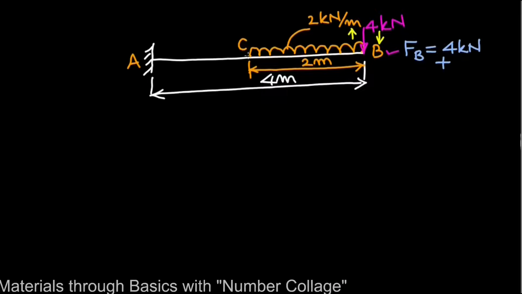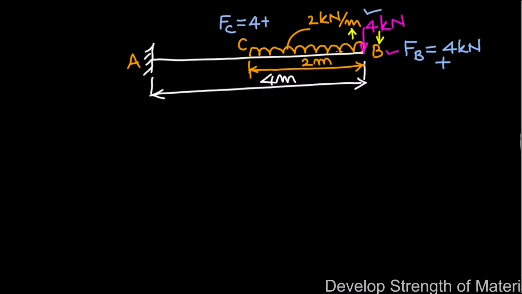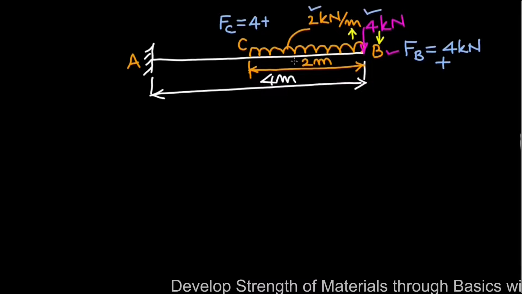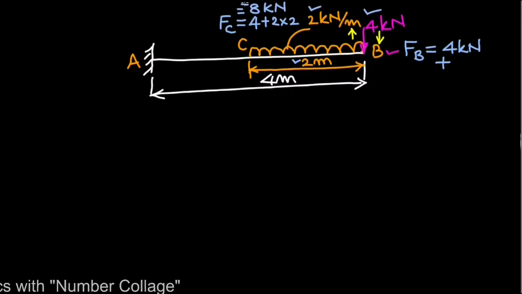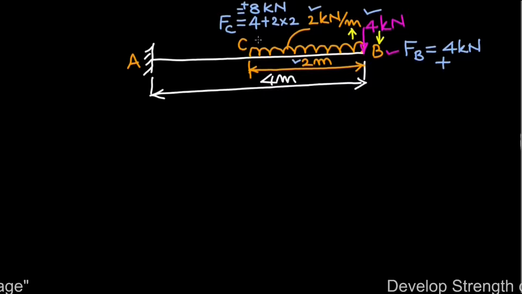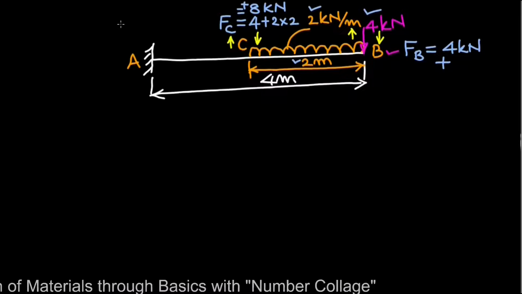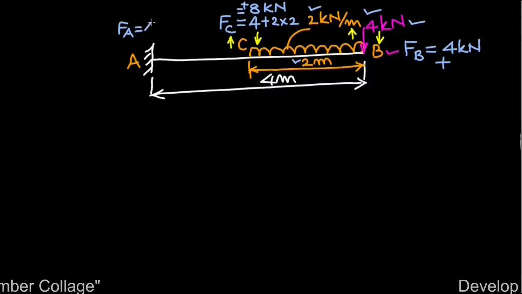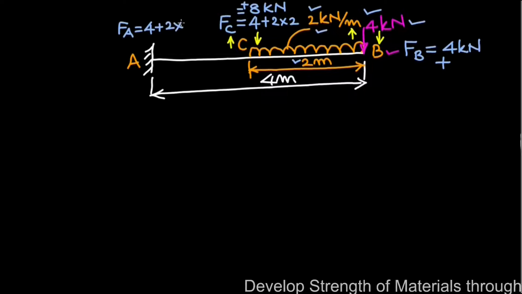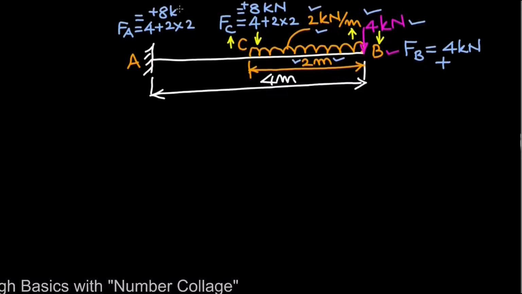Shear force at point C, FC, will be this point load 4 kilonewton plus the UDL 2 multiplied by span 2, which will be 8 kilonewton plus, according to the sign convention, downward force to the right of C, upward force to the left of C. Shear force at point A will be FA equals this 4 kilonewton plus UDL 2 multiplied by the span 2, that will be plus 8 kilonewton.